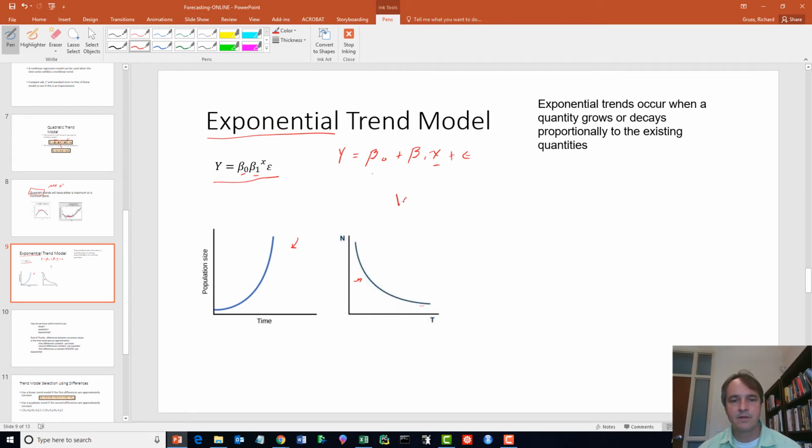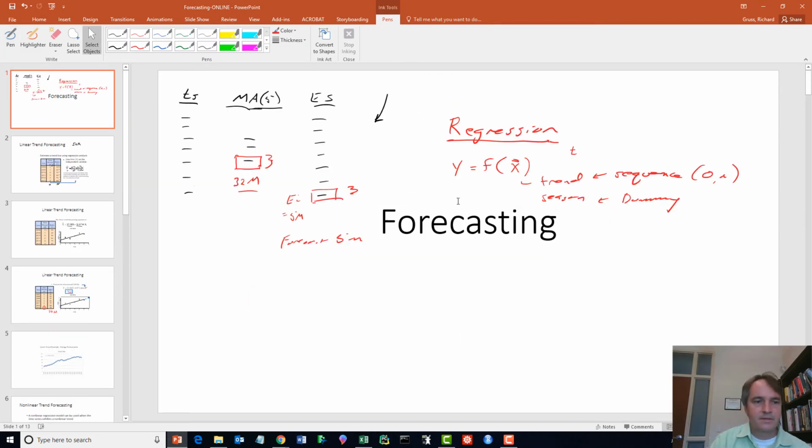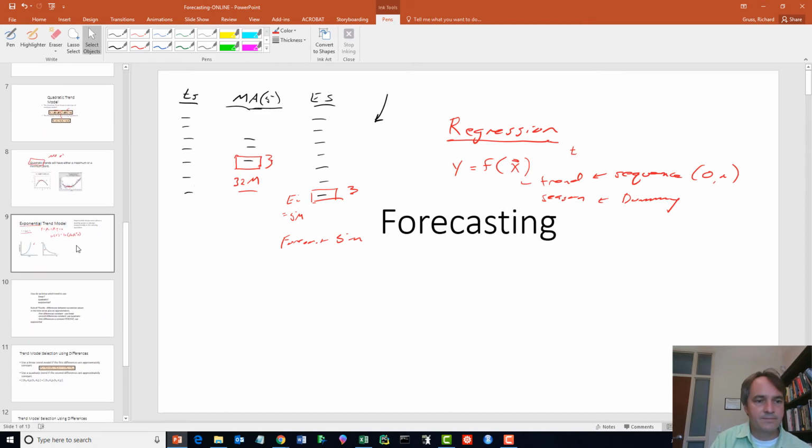So we're going to have the log of y equal to the log of beta 0 times beta 1 to the x. And then these are just our errors. I'm not going to worry too much about those. The log of a product turns out to be the sum of the logs.